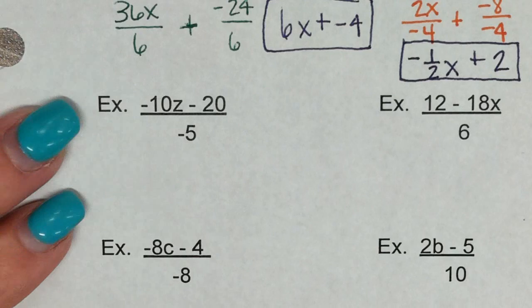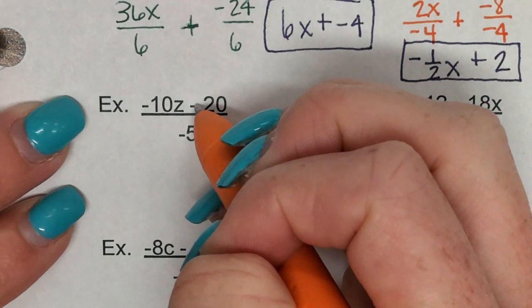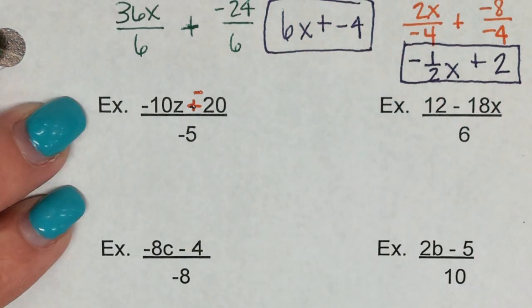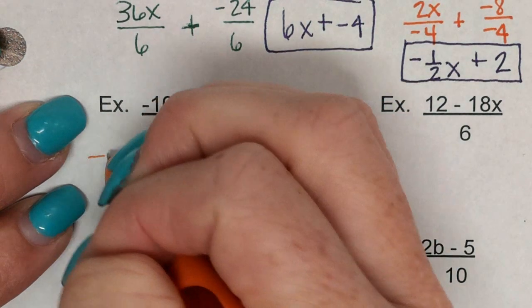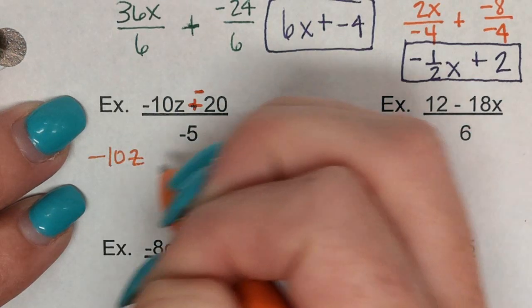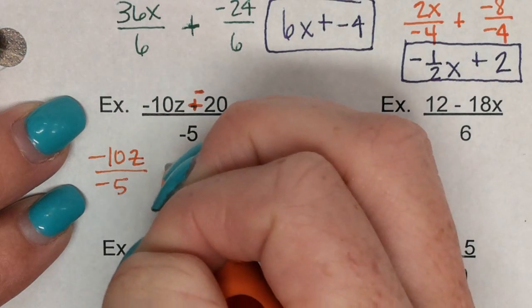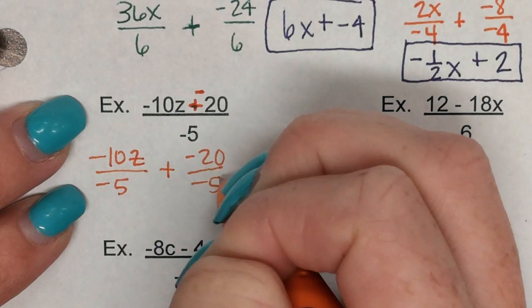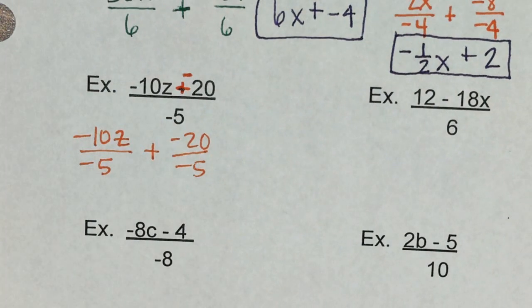What's the first thing I need to do right here? Change. So I'm going to do negative 10z over negative 5 plus negative 20 over negative 5. And then I'm just going to simplify it.